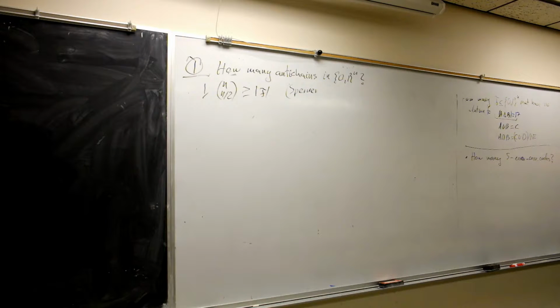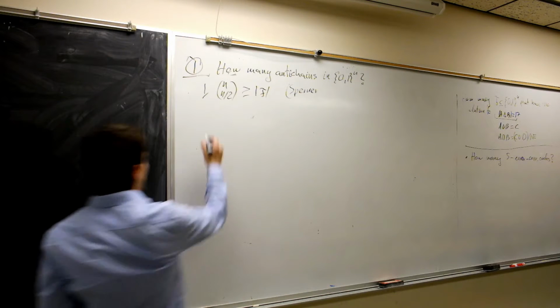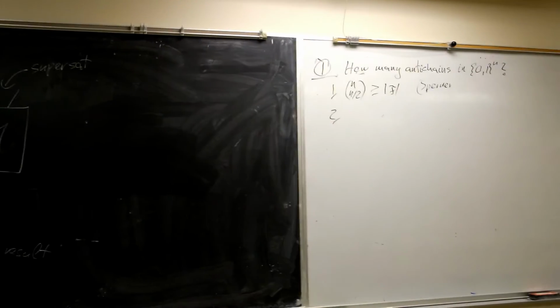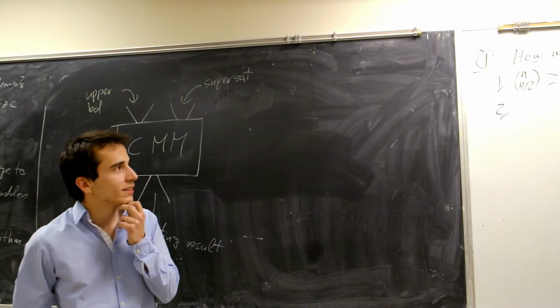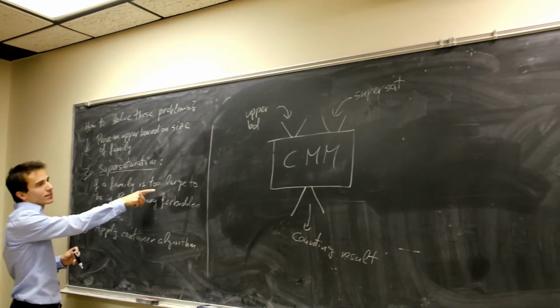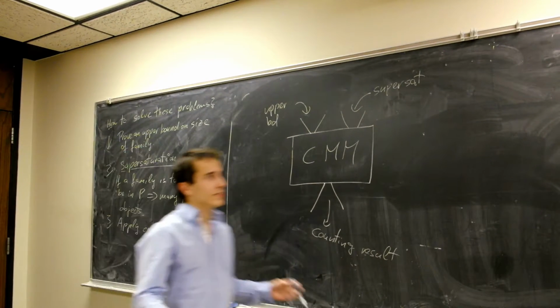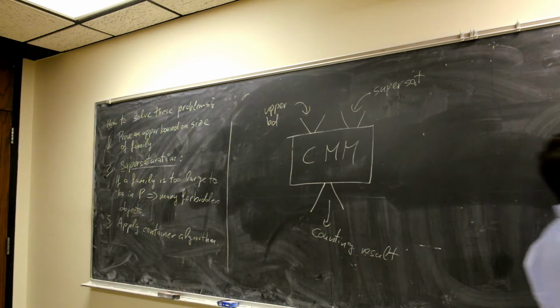Okay, step 2, superset. What does it mean? In superset, we just have to prove that if a family is slightly larger than our upper bound, then it will contain many, many comparable pairs.